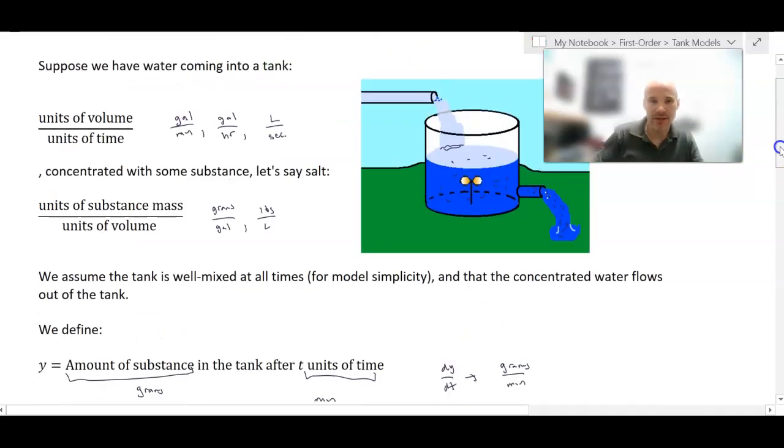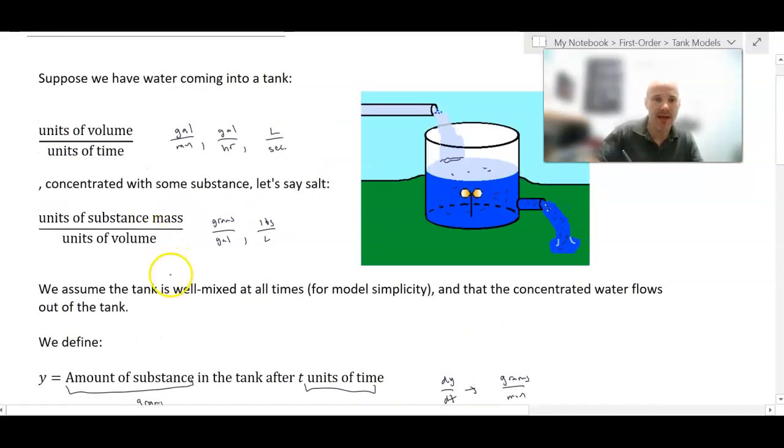Which begs the question: if we have units of volume and units of concentration, then what do we do to get grams per minute, when here we have gallons per minute? Well, for example, if our volume coming in is in gallons per minute, we can call this the flow rate.